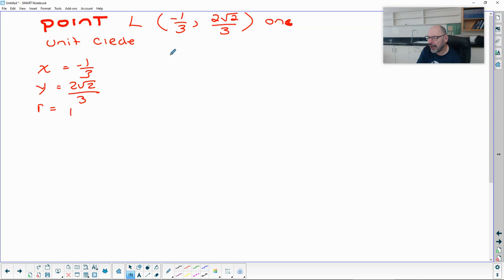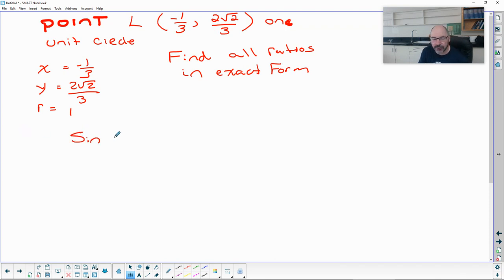Okay, so find the trig ratios in exact form. Later on, we'll probably have decimals in there, and we use our calculators and stuff. Okay, so we know that sine, if we look at our formula sheet there, it's y over r.